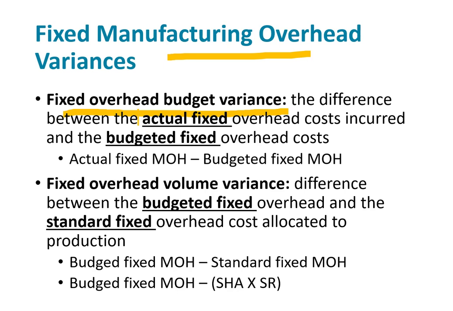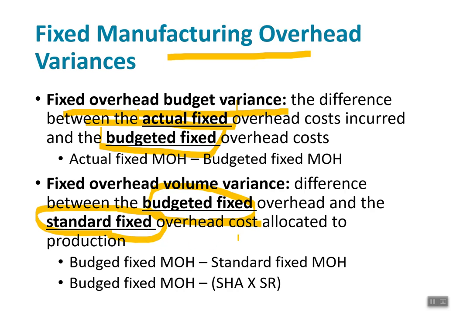This first one will be the difference between the actual fixed overhead cost and the budgeted fixed overhead cost. The other fixed overhead variance is the volume variance, and that's the difference between the budgeted fixed overhead and the standard fixed overhead.